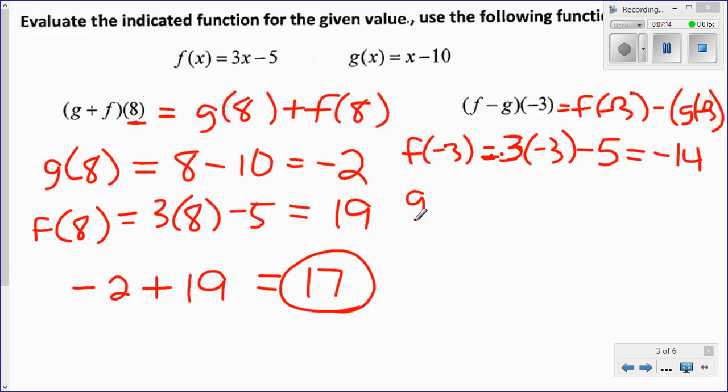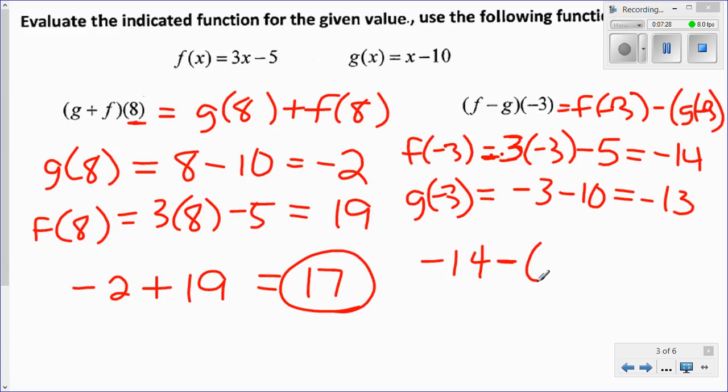And then g of negative 3 would equal negative 3 minus 10, which is negative 13. So then we're just going to take negative 14 and subtract negative 13. Because we're subtracting a negative, that'll become adding a positive, and then we'll get negative 1.